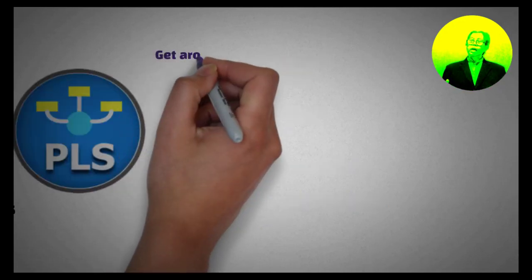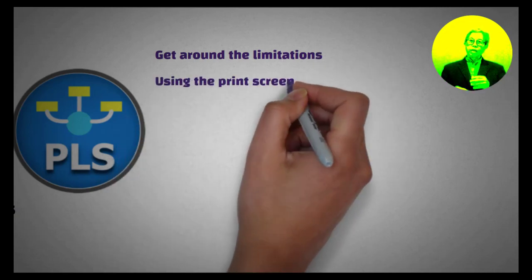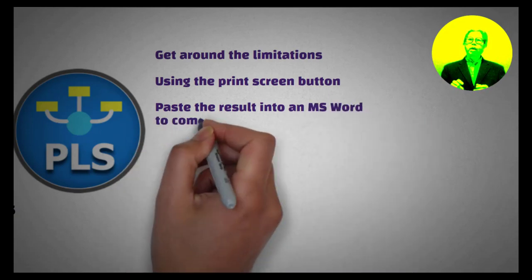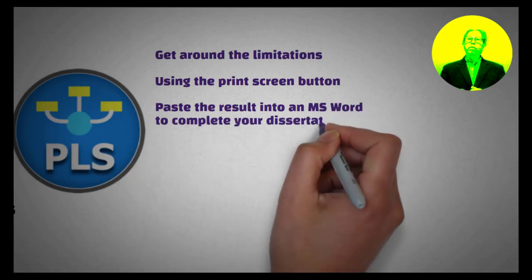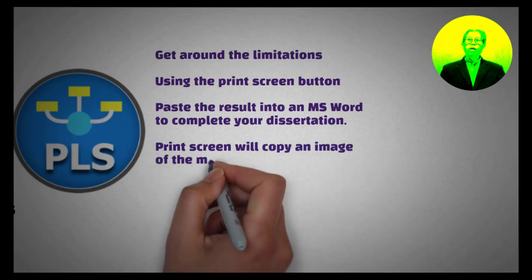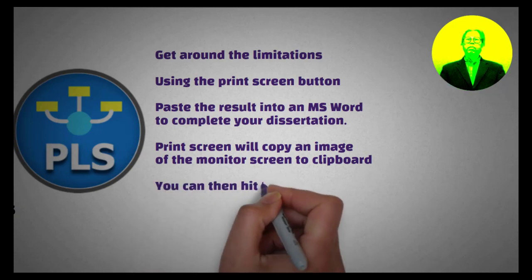However, we can get around these limitations. You can use print screen button, then paste the result into MS Word file to complete your dissertations. This print screen will copy an image of the monitor to the clipboard.